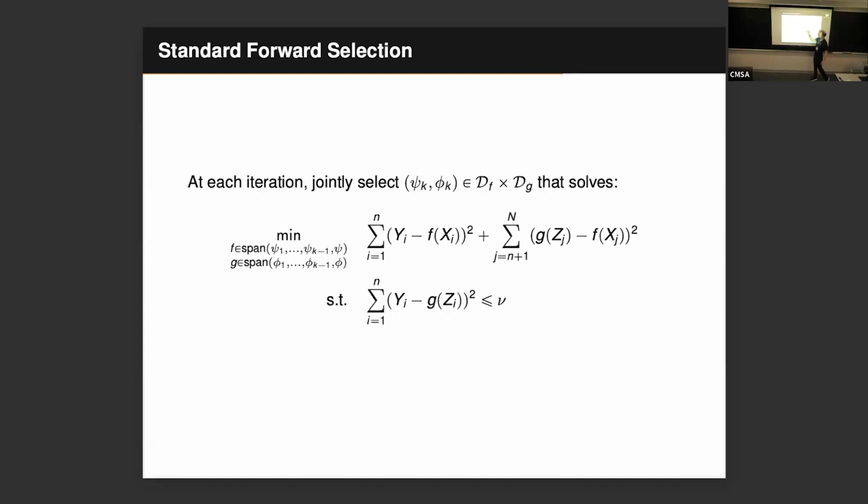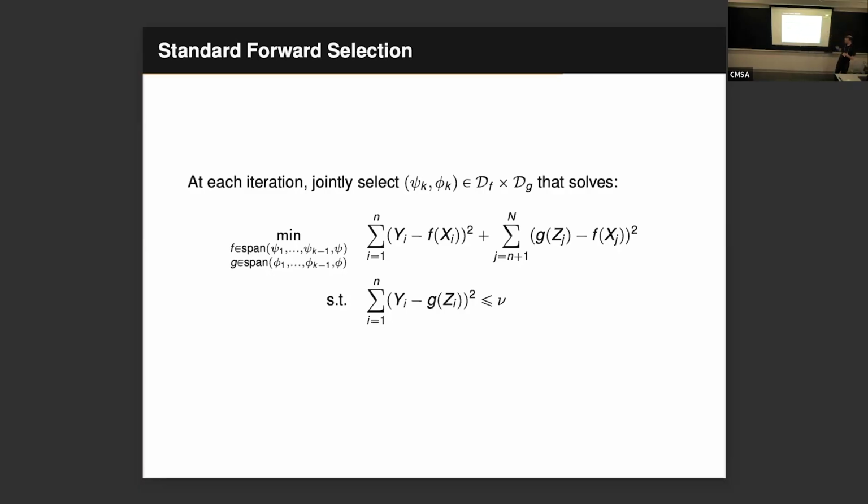In this case, it's this constrained squared error problem, because that's what vanilla forward selection would do. And then once you've selected that, you would fit F and G on that span, and you'd grow the span one at a time.